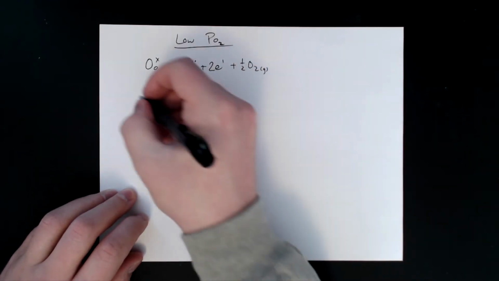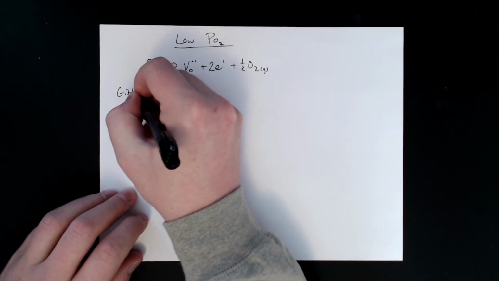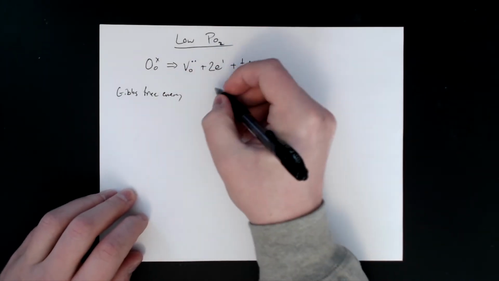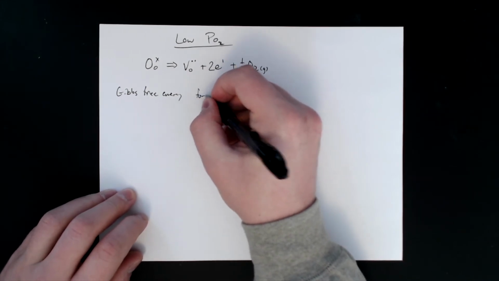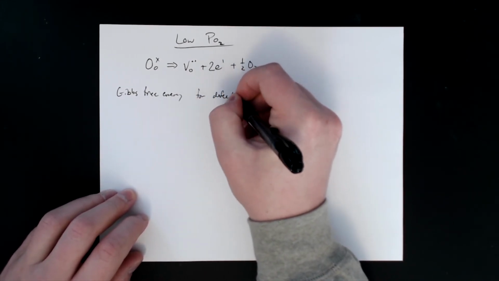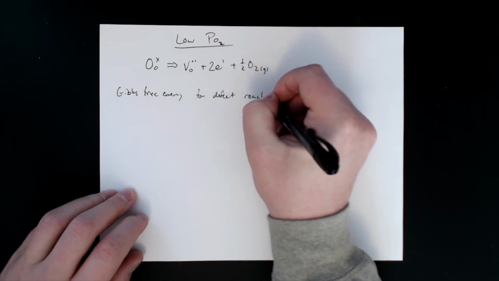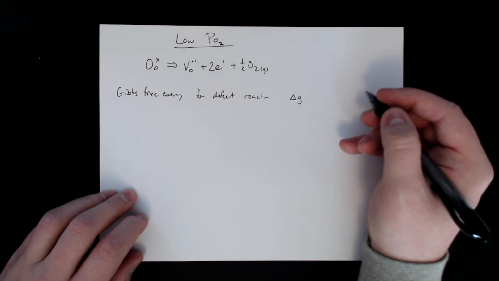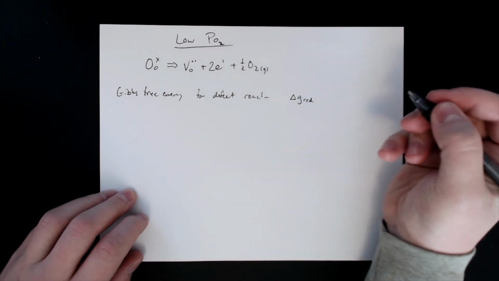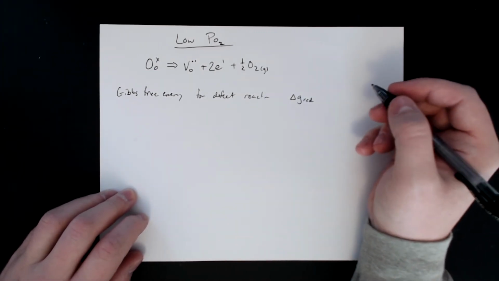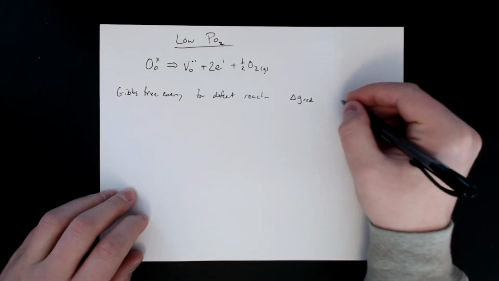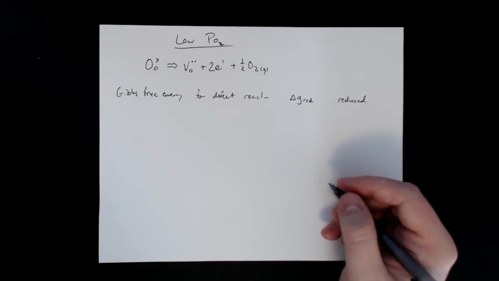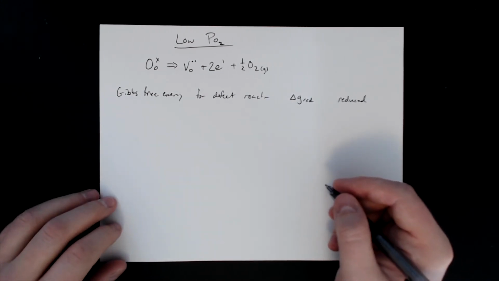So we know that we can define the Gibbs free energy for this defect reaction as delta G, and then we put RED, and this is not for the color red, but it's for reduced, because this is in effect being reduced.